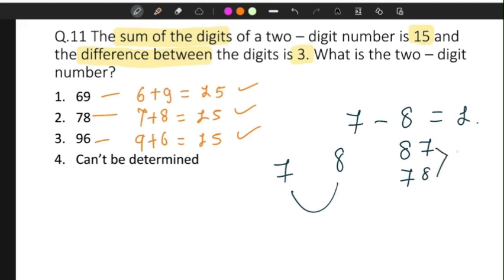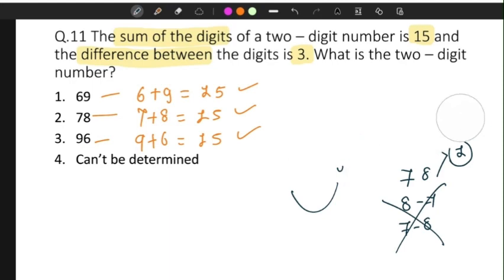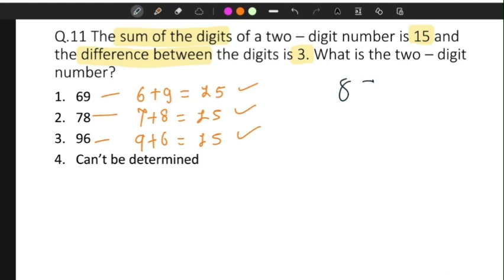For both numbers, the gap between them, or the difference between them, is 1. It means that 8 minus 7 or 7 minus 8 is not the thing that you are going to do here. We are just going to check the gap. For the number 87, the gap is 1. The difference between the 2 digits is 1. For 78 also the difference between both the digits is 1.